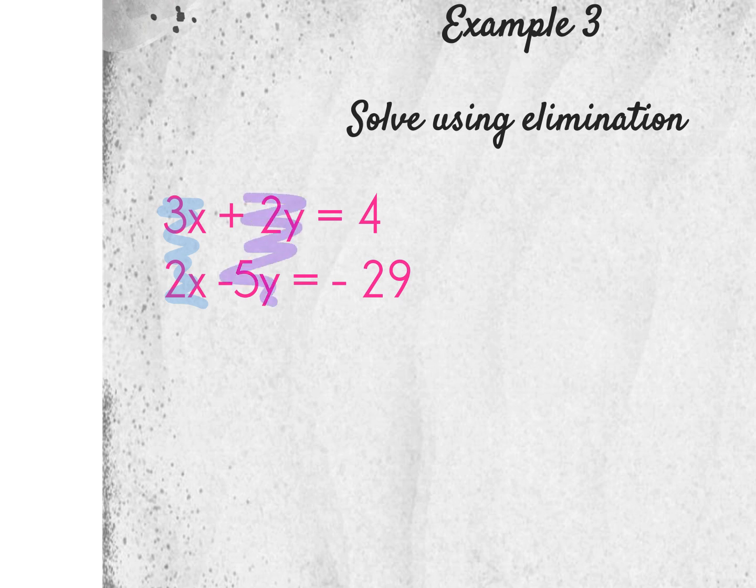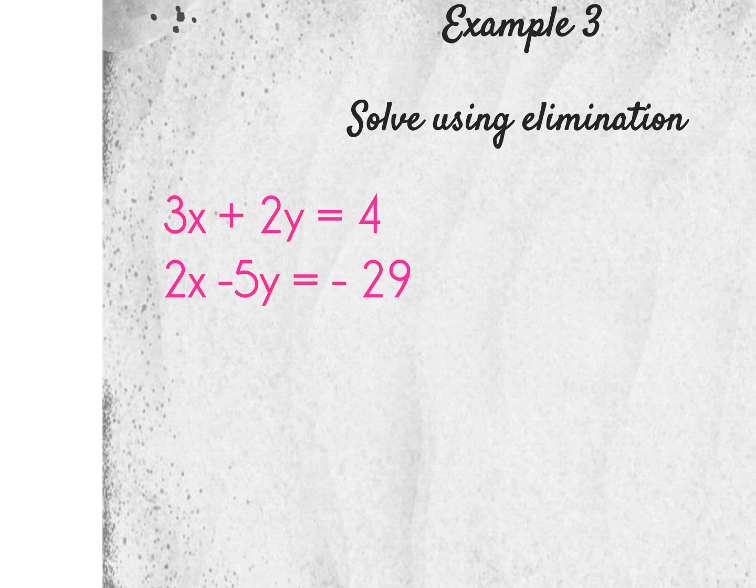So if I wanted to cancel the x's, I would need to make one of those a positive 6x and the other one a negative 6x. If I wanted to eliminate y, one would need to become a 10y and the other one a negative 10y.